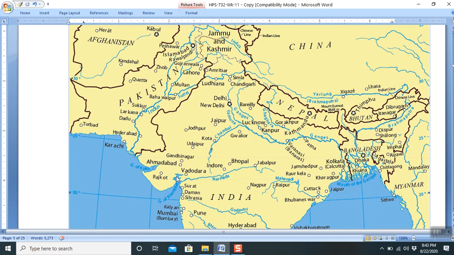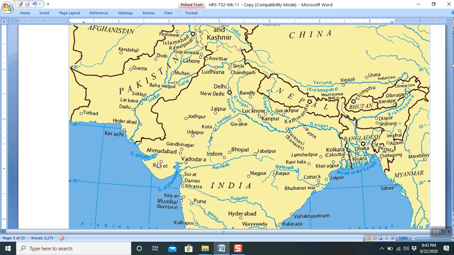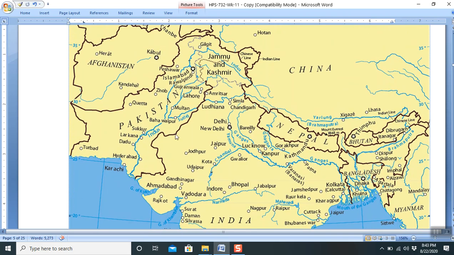Whereas the neighboring regions that connect Pakistan from the west side: Sindh is connected with Ahmedabad, India. This is called the state of Gujarat, and this area is like Jodhpur, Udaipur and Kota. They are the Rajasthan areas, and this is the Delhi province, and Ludhiana and Chandigarh and Shimla.